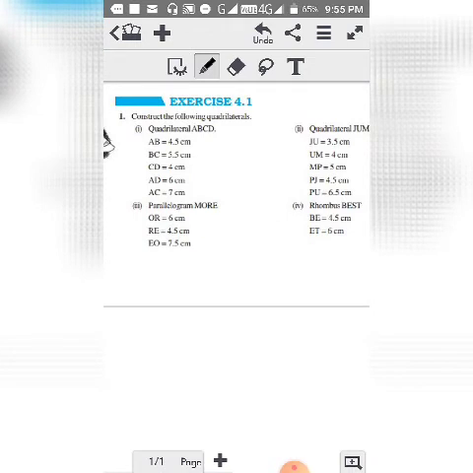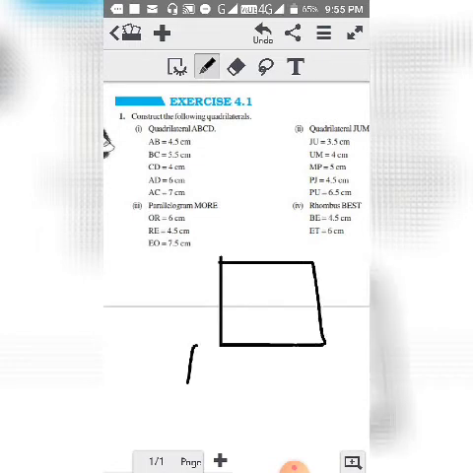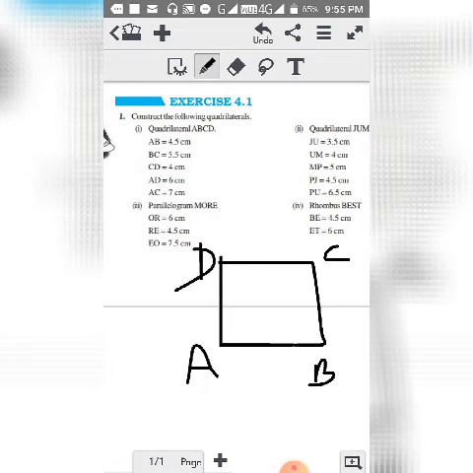So this is a rough figure I am showing you. You make any quadrilateral, then call it A, B, C, D. The rough figure should not be big. Try to make it around 3 to 4 centimeters. So the quadrilateral is A, B, C, D.